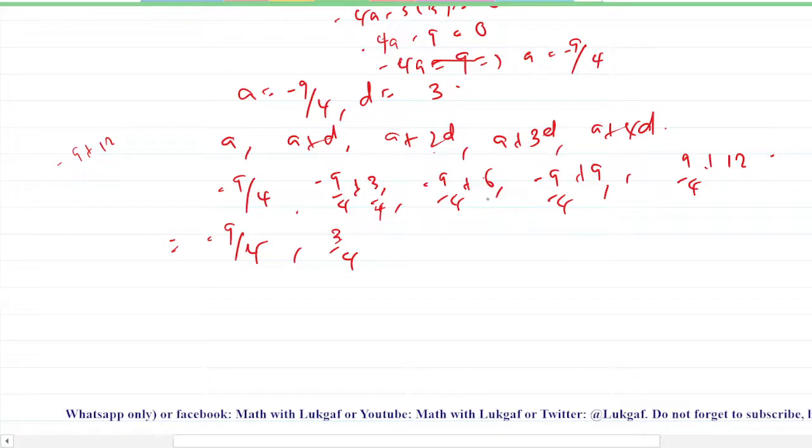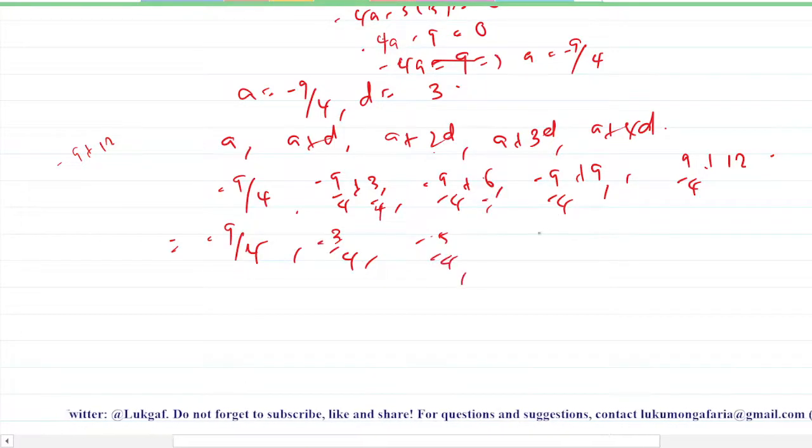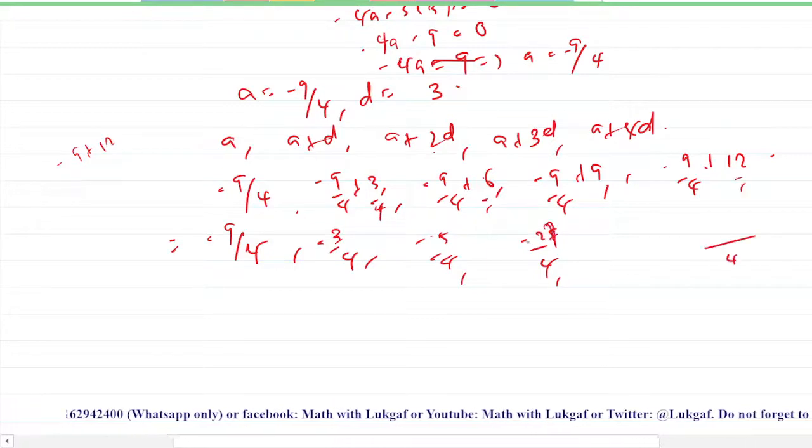So then this one will give me 15 over 4. And this one, that is 36 minus 9, 27 over 4. And lastly, that is what? Minus 9 over 4 plus 12. If you also find the LCM, your LCM is 4. I think I made a mistake.